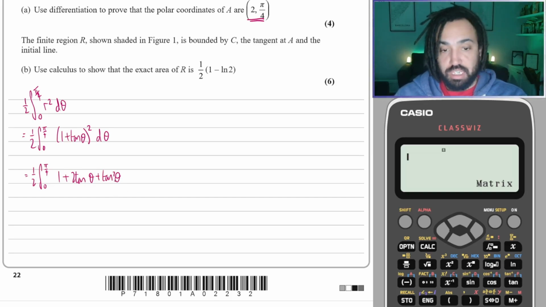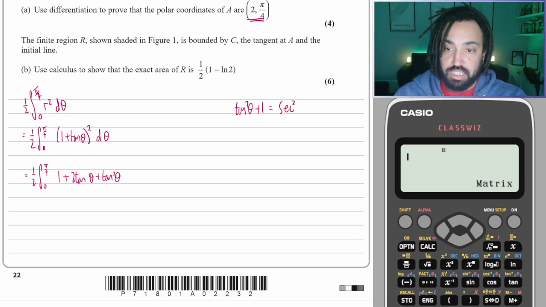And tan squared is quite tricky to integrate, so we need to do a substitution for that. And we know that tan squared theta plus 1 is equal to sec squared theta. So rearranging that, tan squared theta is equal to sec squared theta minus 1.